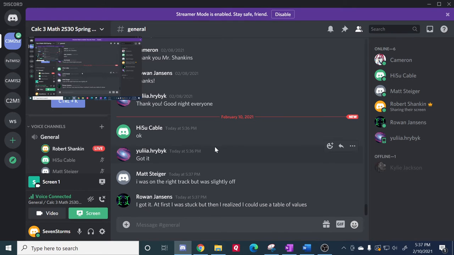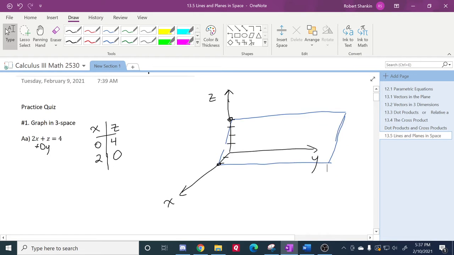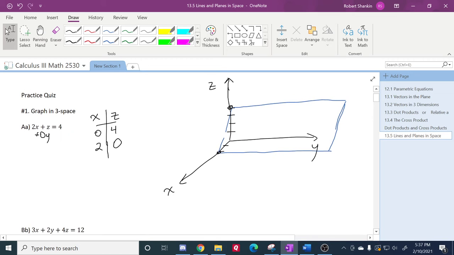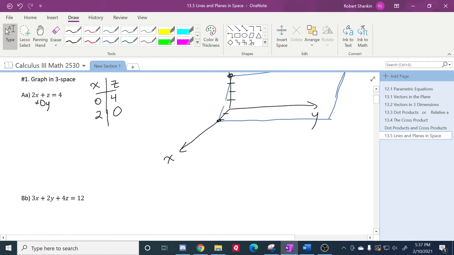Cameron's got some internet issues tonight, unfortunately. And let's go back to B. Same directions, graph it in 3-space.